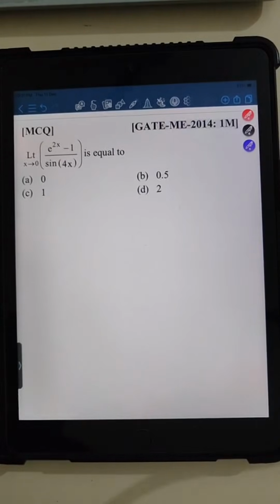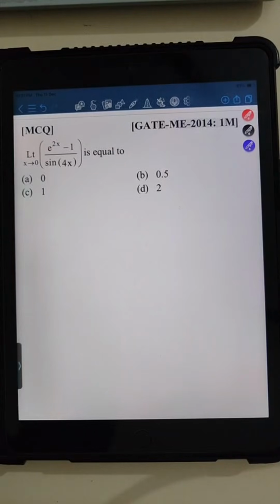In this particular problem, I can give you one hint. You can try using L'Hospital rule. You can put x equal to 0 in this particular numerator and denominator part. You will see whether the indeterminate form is coming or not.